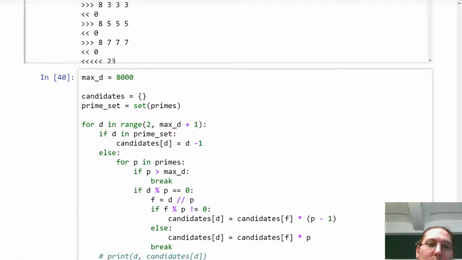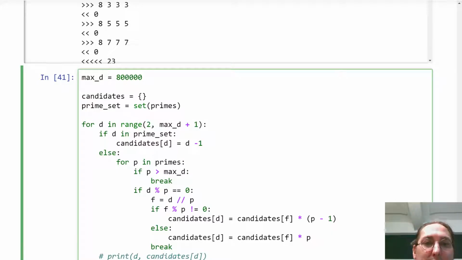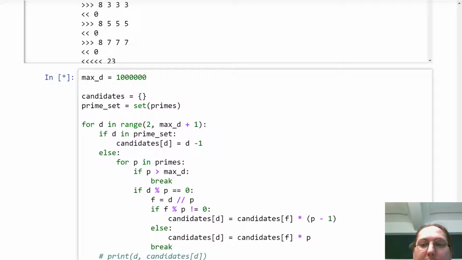That's quick. Well, no. It is getting slower. Yes. So what are we at? 800,000. Okay, I think it will finish. Just barely.